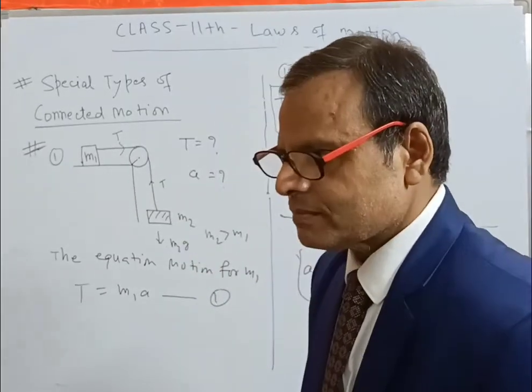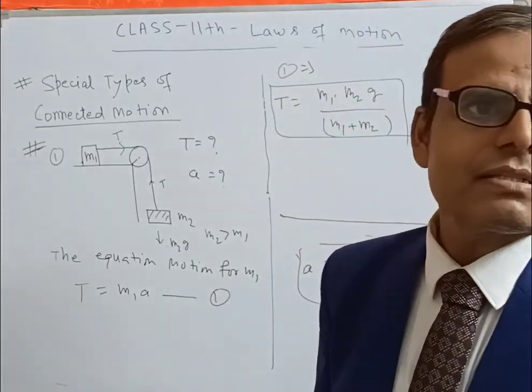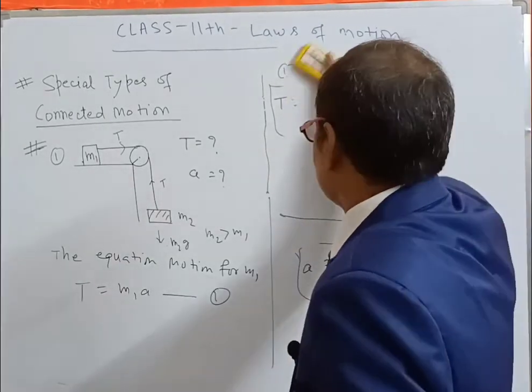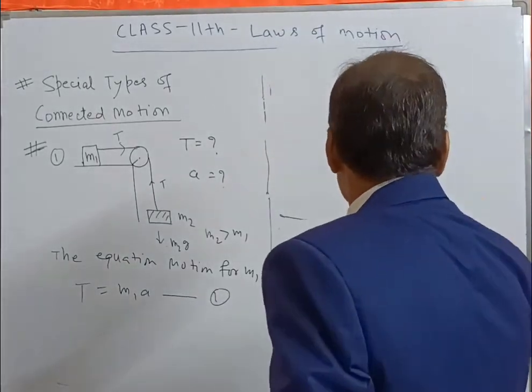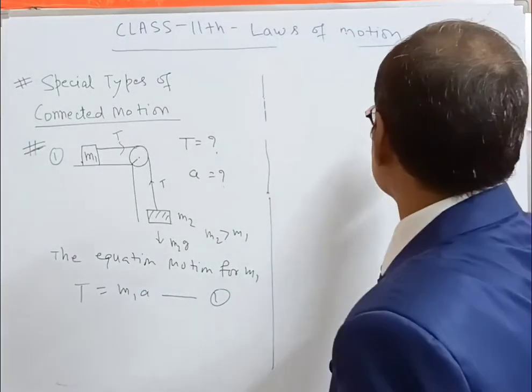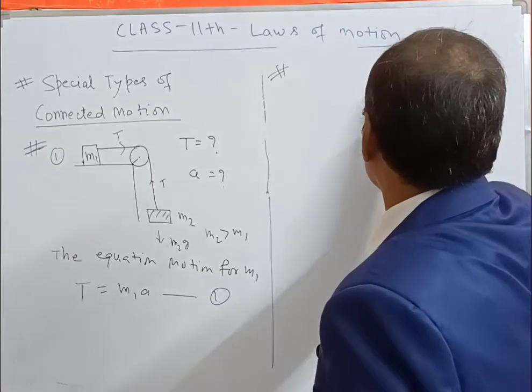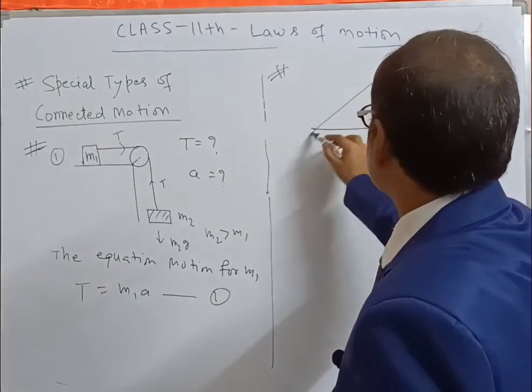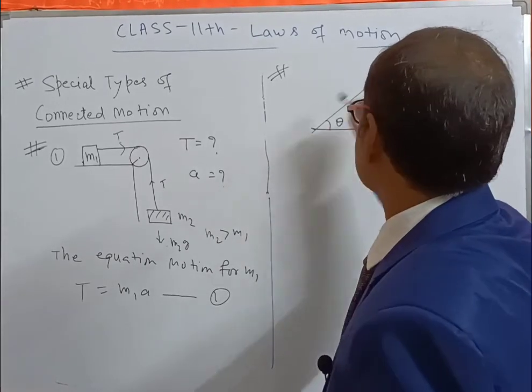Now let us calculate the tension and acceleration in the second case. What was the second case? In the second case, there was an inclined plane. Let us make the diagram again. This is the inclined plane at angle theta.